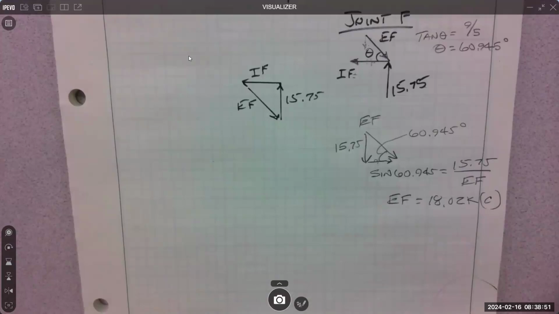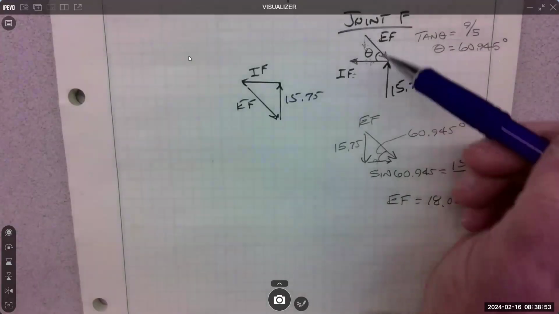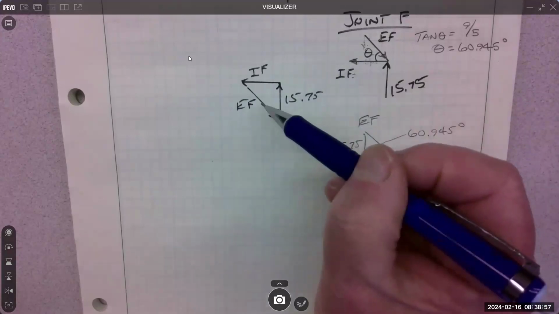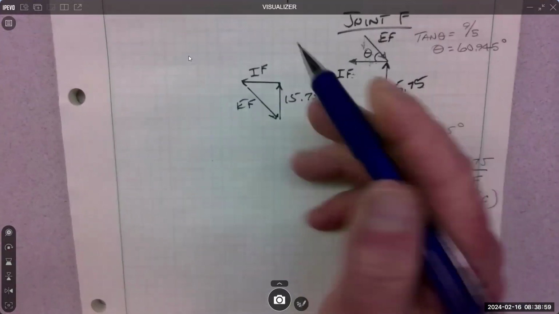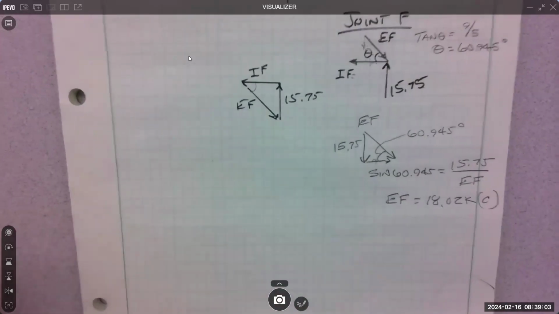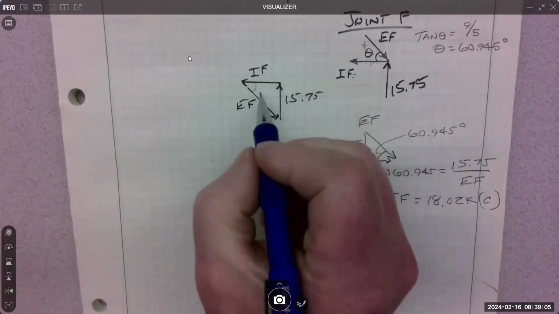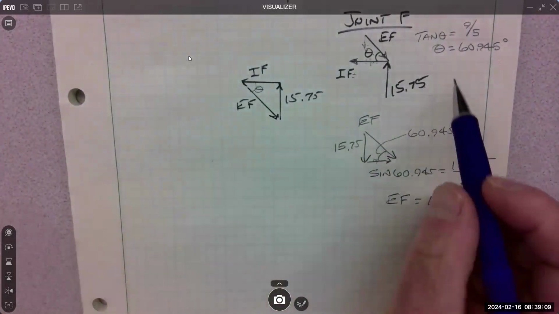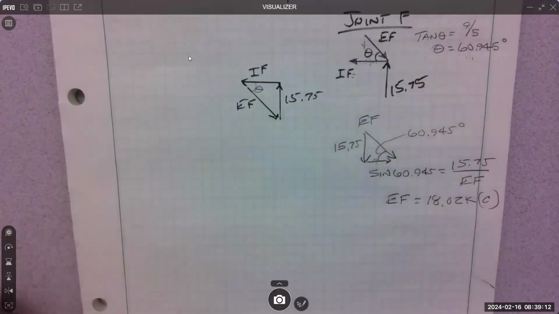Again, the way I do that is EF to horizontal is my theta. So I go find EF and I find horizontal and I say that's theta. Theta was this, we solved for that.